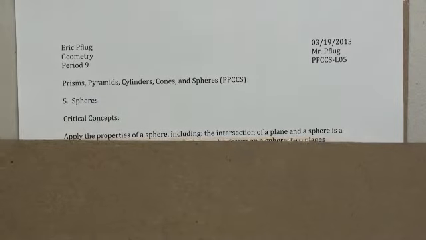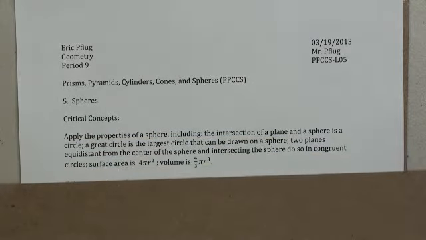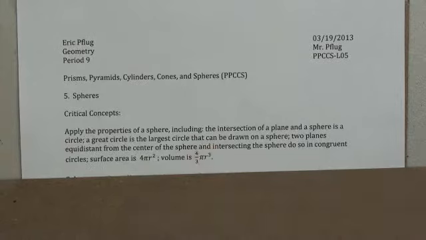All right, we have a critical concept for spheres. We want to apply the properties of a sphere, including that the intersection of a plane and a sphere is a circle, and we'll see that. A great circle is the largest circle that can be drawn on a sphere.